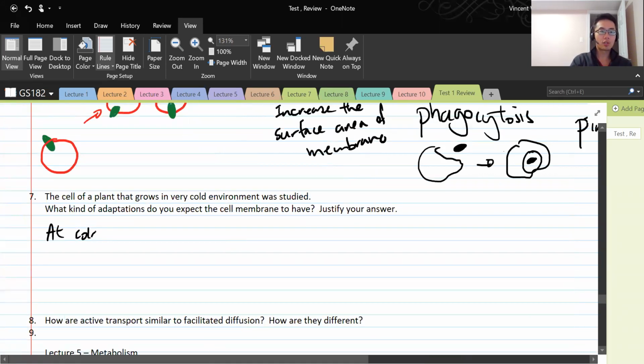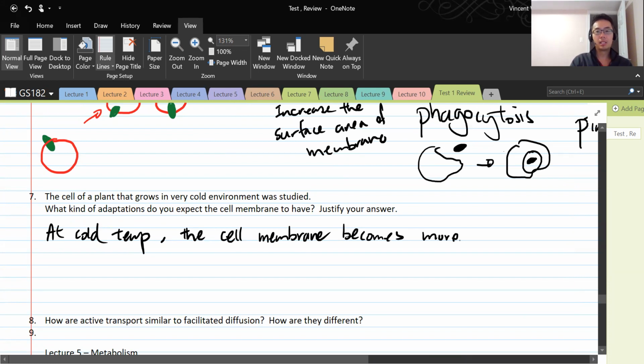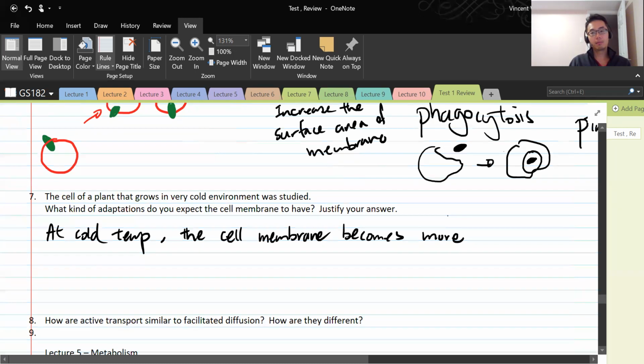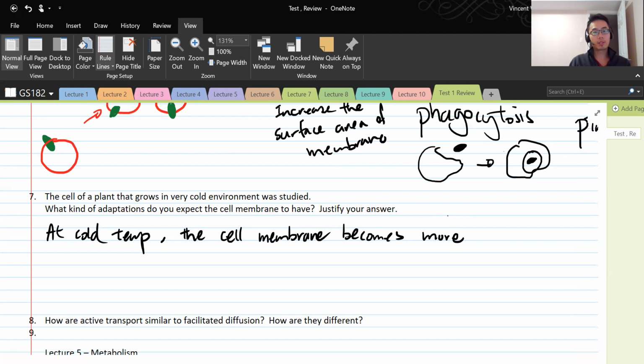At cold temperature, does the cell membrane become more fluid or does it become more rigid? What do you think? Based on our lab, do you think at cold temperature, the cell membrane becomes more fluid or rigid?